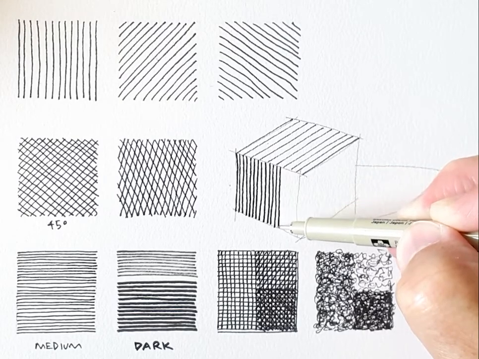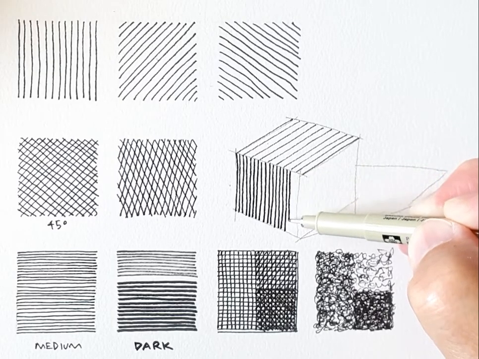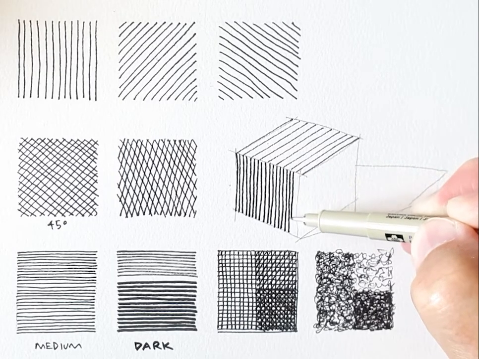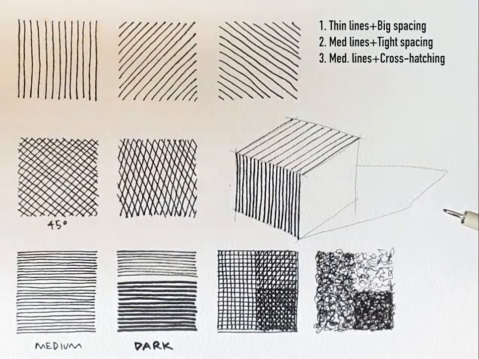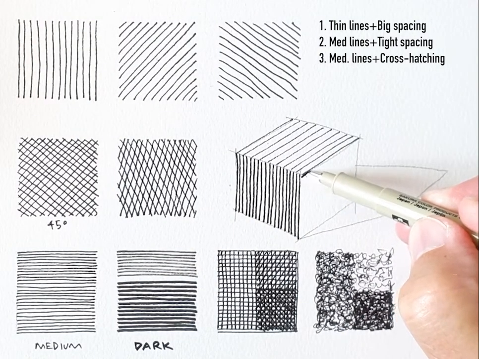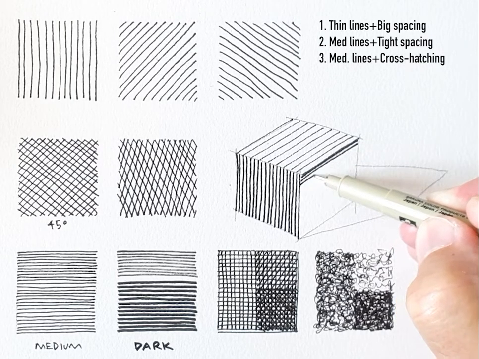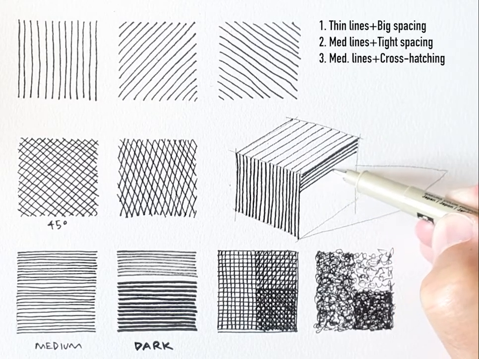And then for the last surface, we're going to increase the thickness of the pen, or we could also use the same pen and do a cross-hatching here. Okay, so why not we do that? We'll use the same pen, but we'll tighten up the spacing as well as do cross-hatching, so that this face, which is away from the light, gets to be the darkest tone.